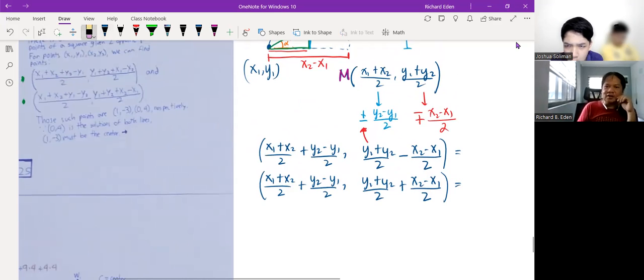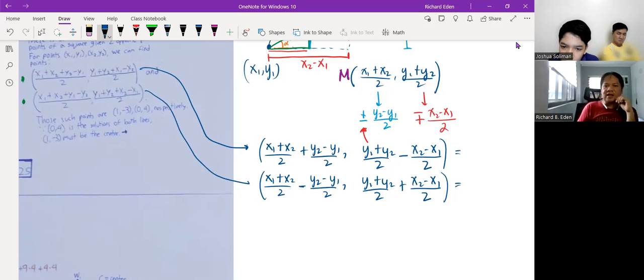Oh wait, hold on, sorry. I forgot, it's minus here. So plus y2 minus y1. So this is y1 plus y2 plus x1 minus x2. And then this is that. Plus y1 minus y2, and then x2 minus x1. There you go. All right. Okay.